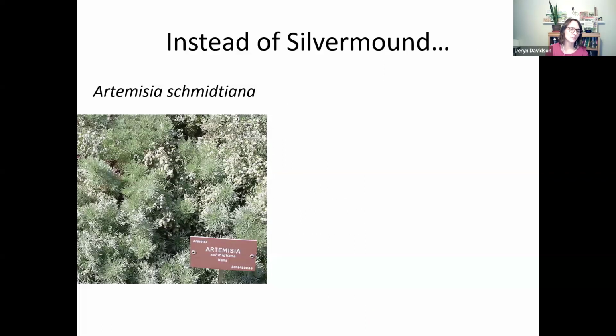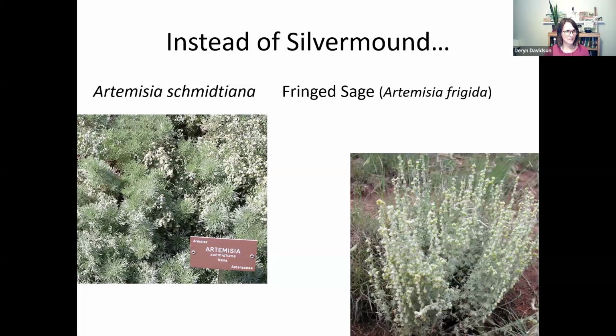Instead of silver mound, we have lots of artemisias. This is a good example of, somebody was asking about buckthorn, isn't buckthorn invasive? With artemisia, there are tons and tons of Artemisia species. This one is not native, but this one is. We've got fringed sage.